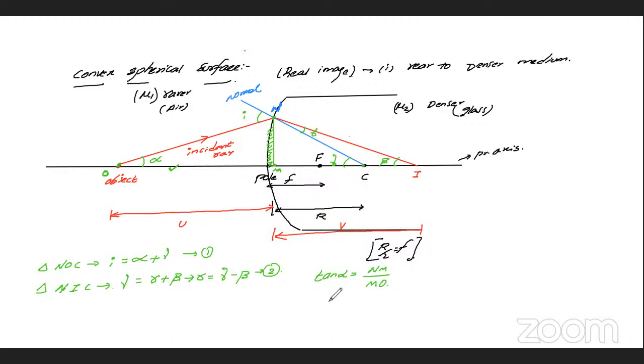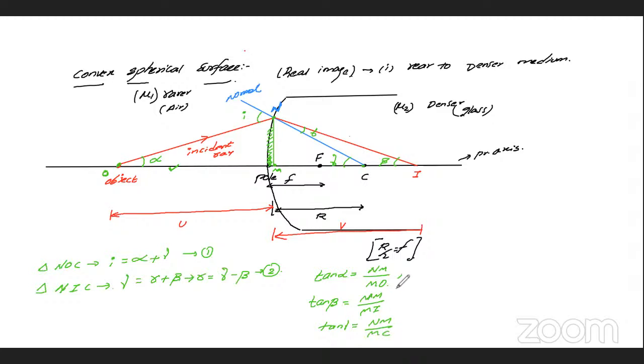Instead of that, I'm taking a triangle, that is your perpendicular line, to make it comfortable. We can neglect it because it is a small angle. So tan alpha is equal to NM by MO, and tan beta is equal to NM divided by MI. And tan gamma is equal to NM divided by MC.